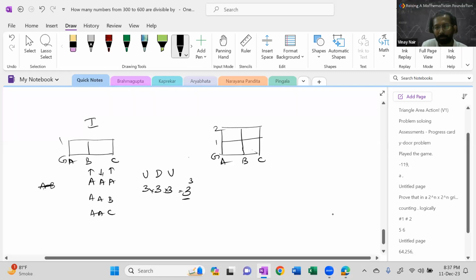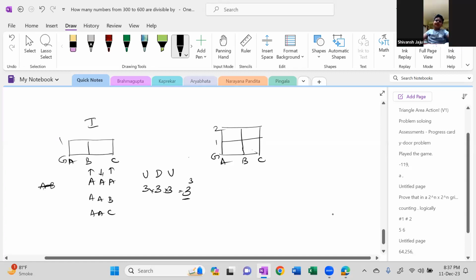Now, what do we do? Sir, we can move on to the second floor as we're already on the first floor. But then there will be the same number of things again to go on to the second floor and come back if you want.